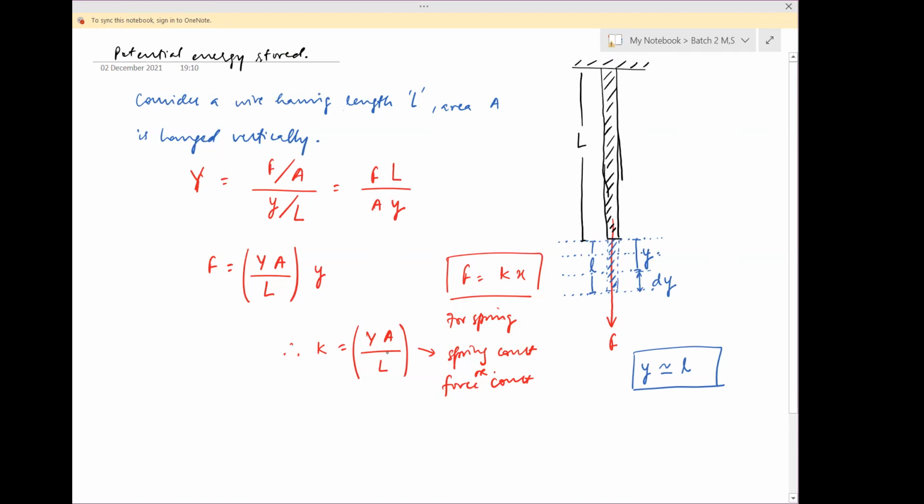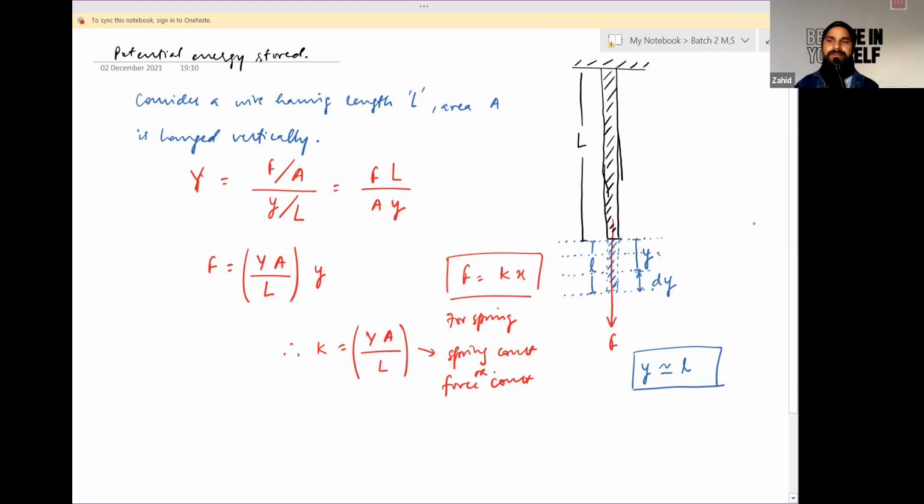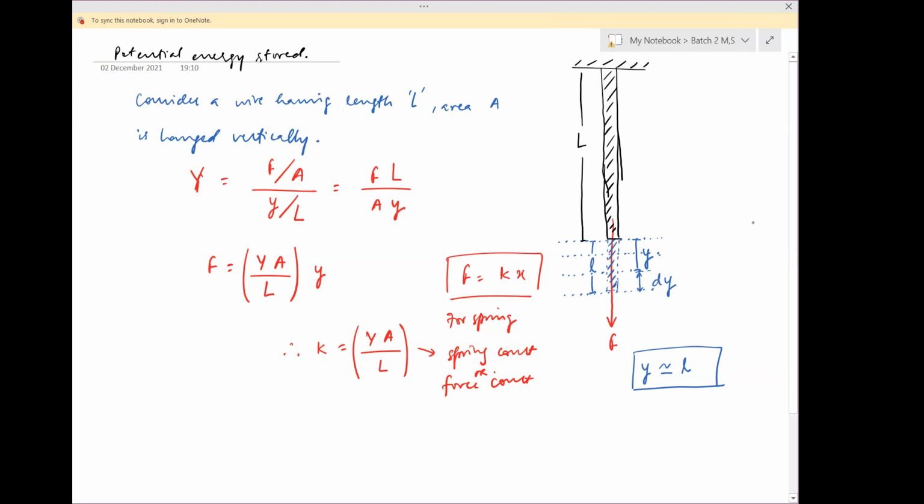Yes, sir. Done, sir. Mohiuddin, you have written? Yes, sir. Asma? Writing, sir.